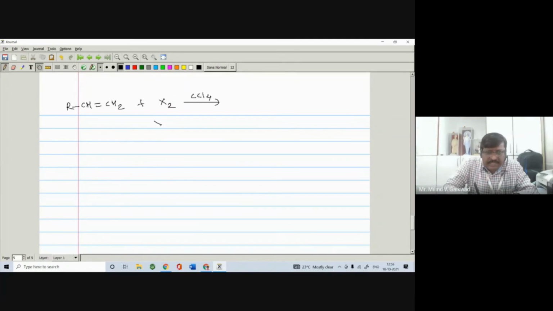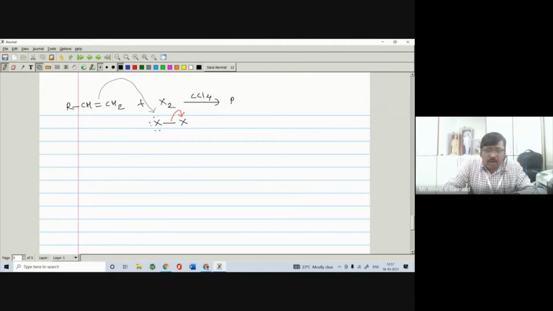So this X and this X is symmetrical. It is having 1, then 2, then 3 lone pairs. So what happens? The sigma bond will open on X. X negative, X becomes positive. On this X positive, this pi bond will attack, right? And there is a formation of a cyclic halonium ion.